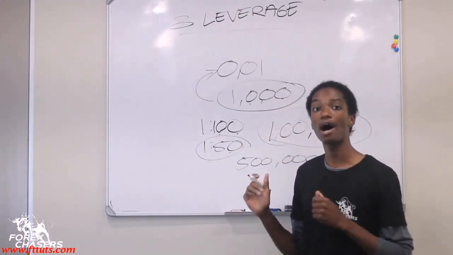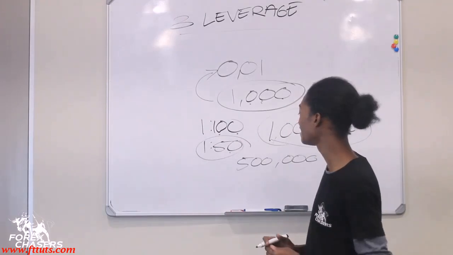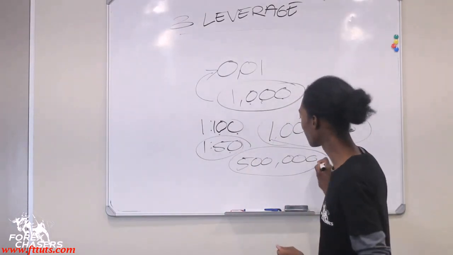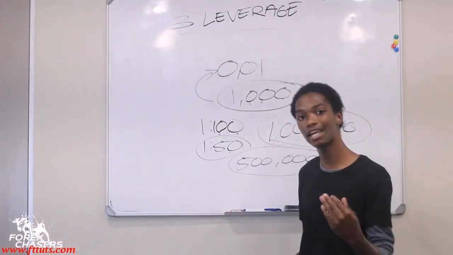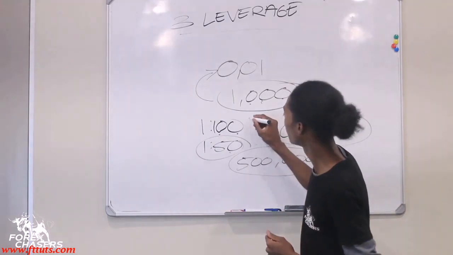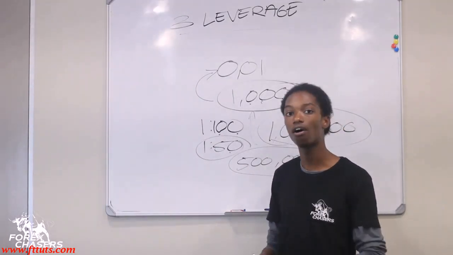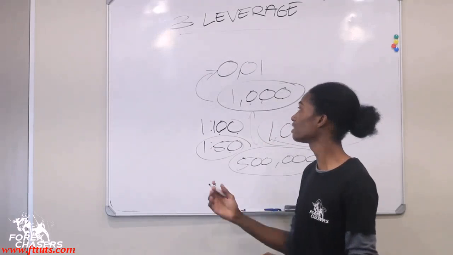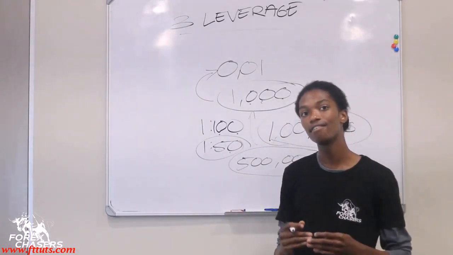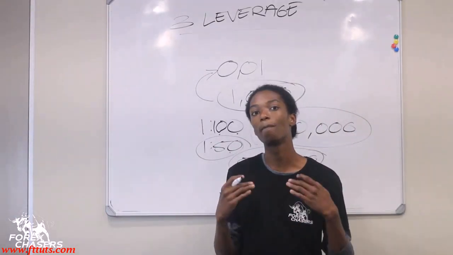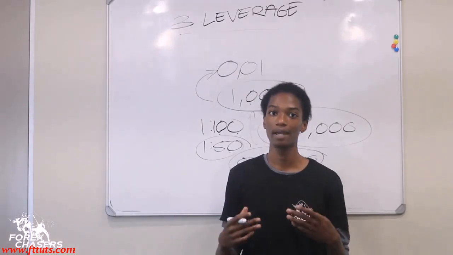So now our buying capability has increased all the way to 50,000 from only being able to control 1,000 units of currency. So that's in a sense what leverage is. Leverage multiplies your buying or selling capability.